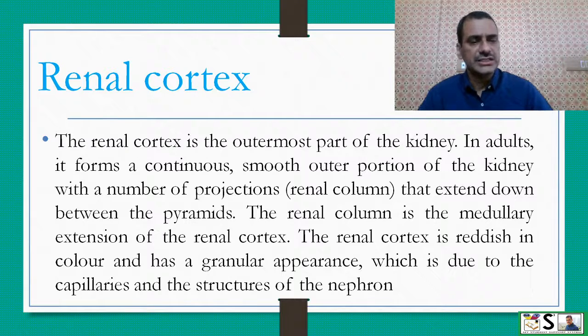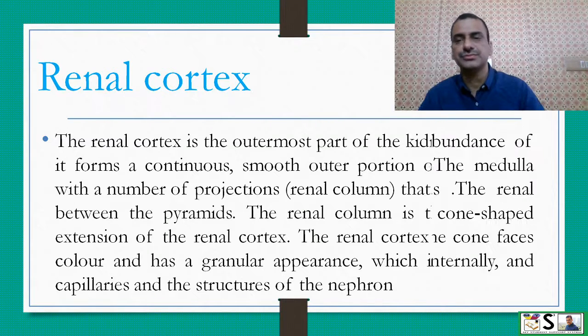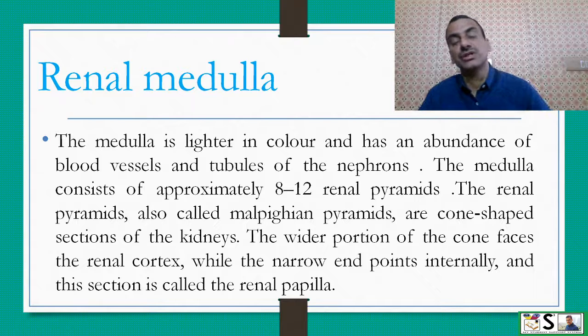The renal cortex is reddish in color and gives a granular appearance, which is due to capillaries and structures of nephrons. Nephron is actually a microscopic structure of the kidney, and that we will discuss in the next lecture.